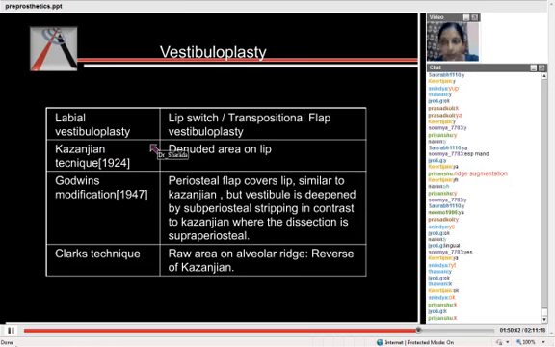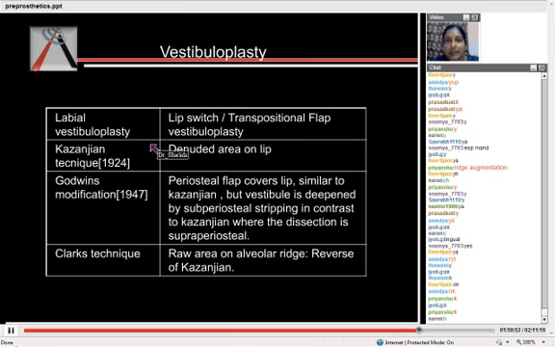What he did was reflect only one flap from the lip. He removed all the connective tissue, deepened the vestibule, and put this flap onto the exposed bone.